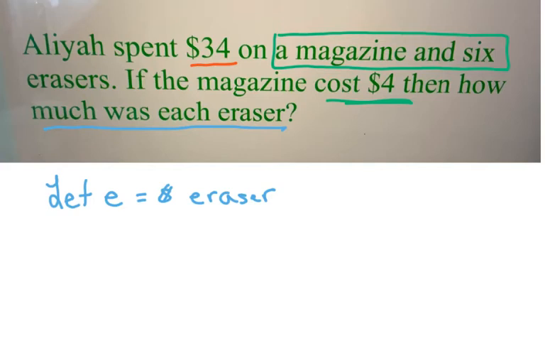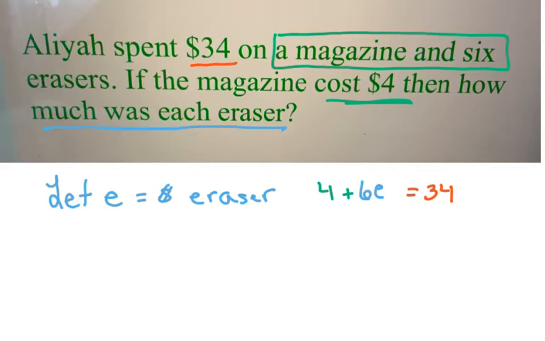Well, to set this one up, we know the total is 34. I need to figure out the other stuff. Well, the magazine was $4, so I know I've got $4. Plus, because I'm looking for total, and I have 6 erasers, but we don't know how much that costs. So the way we set that up is multiplication. We do 6 times the cost of the eraser to get the total there.